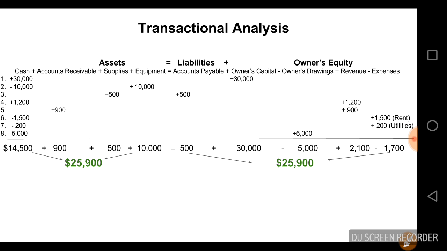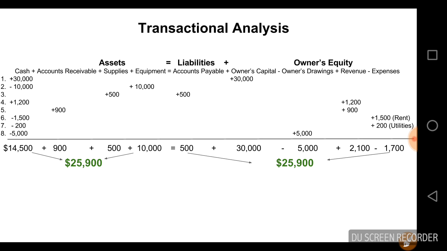The second transaction, the owner purchased equipment for $10,000 cash. Okay, so the cash account decreases by $10,000, and the equipment account, which is also an asset, increases by $10,000.